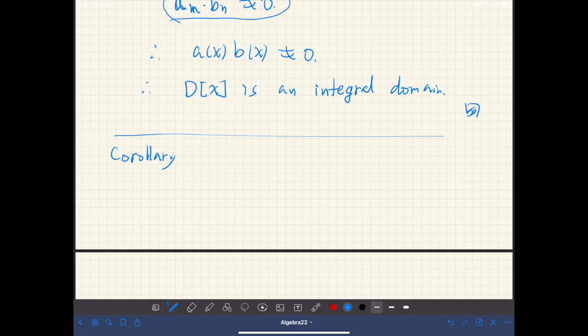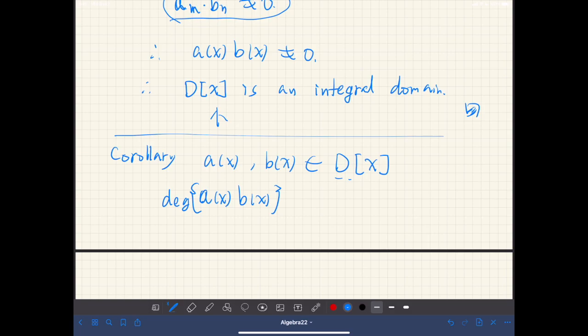So from this theorem, if a of x and b of x are polynomials in this polynomial ring over an integral domain, then the degree of a of x times b of x, the degree of this product, is the sum of the degrees of the two polynomials.